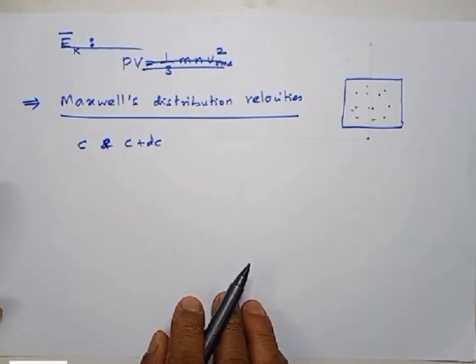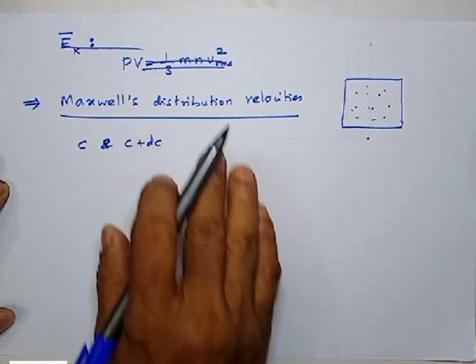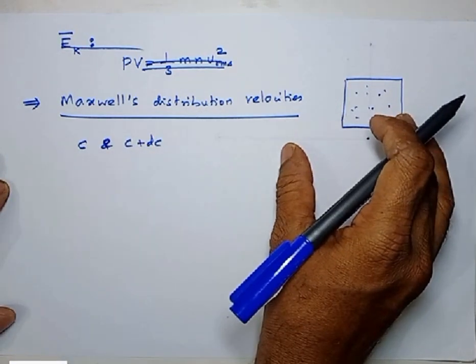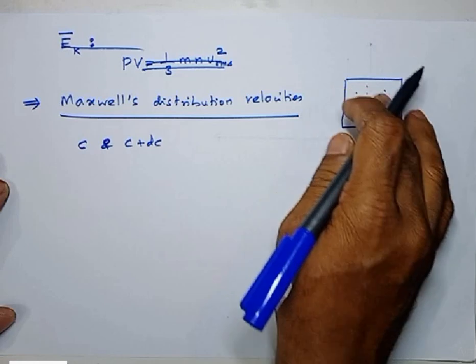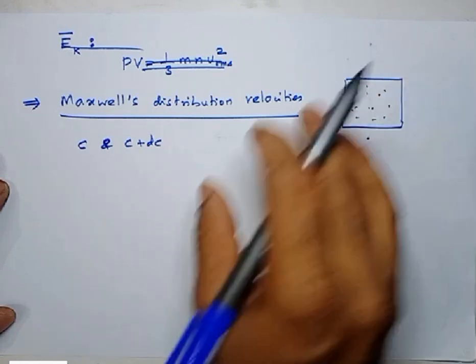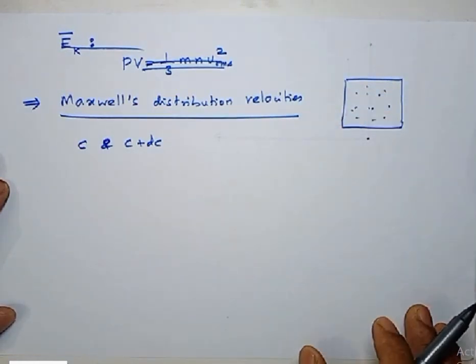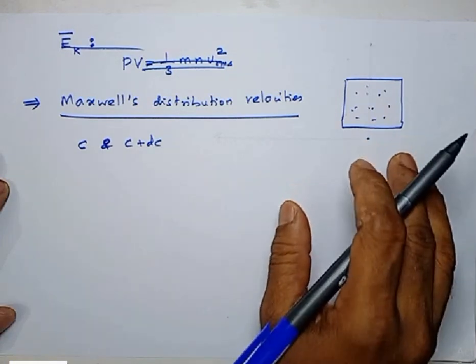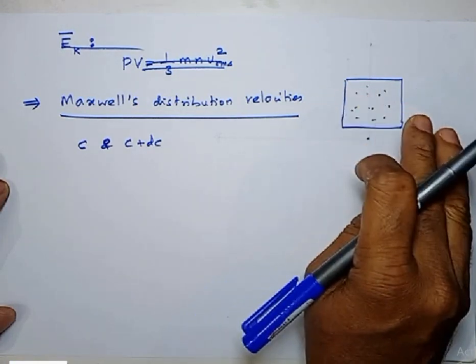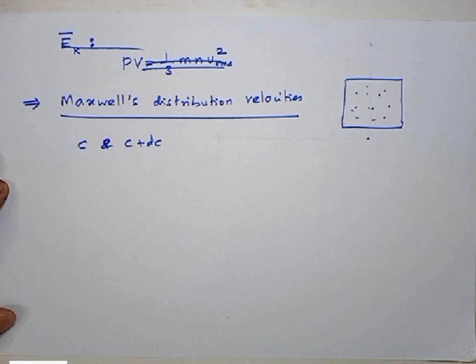I'm going to discuss Maxwell's distribution of velocities. According to this, a gas consists of molecules, and these molecules are moving randomly here and there. The point here is that not all molecules have the same velocity at any instant. Velocity is distributed among molecules.